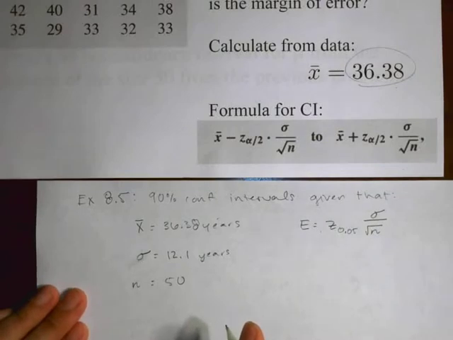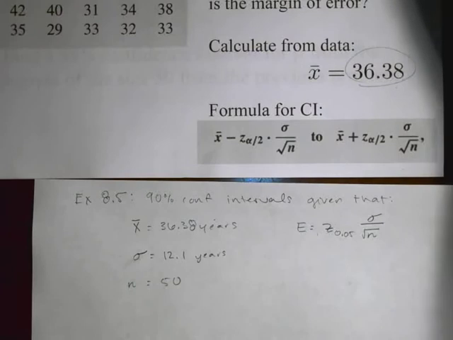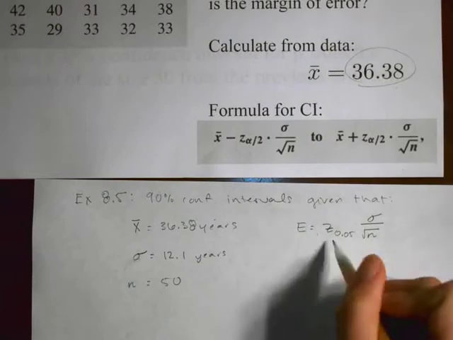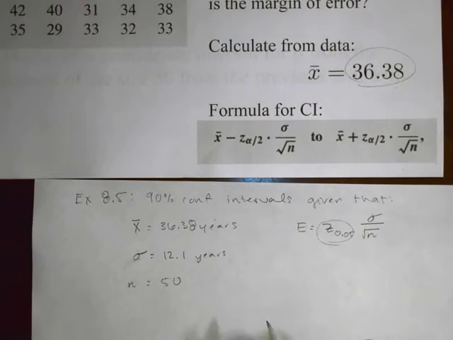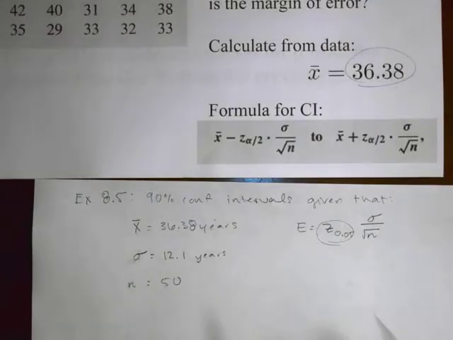And I have managed to not bring down my Z table. I don't think I have it here. Okay, well, I don't have my Z-score table, so now would be a great time for you to check out your own Z-score table and look for Z of 0.05.